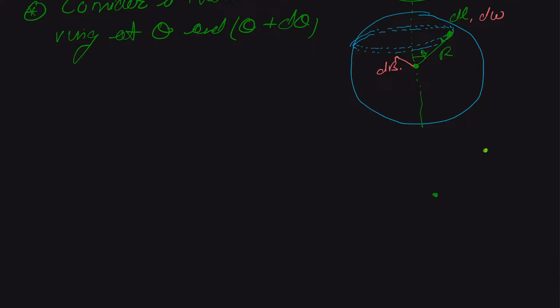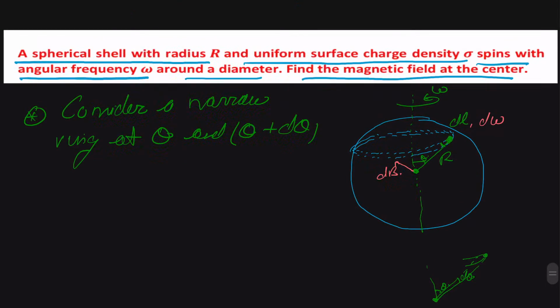So this is our ring, it has a small thickness, something like this. So this angle is our theta, and this angle is our d theta. Likewise, from here we can also find out its radius. So this is our r, so this is going to be r sine of theta.